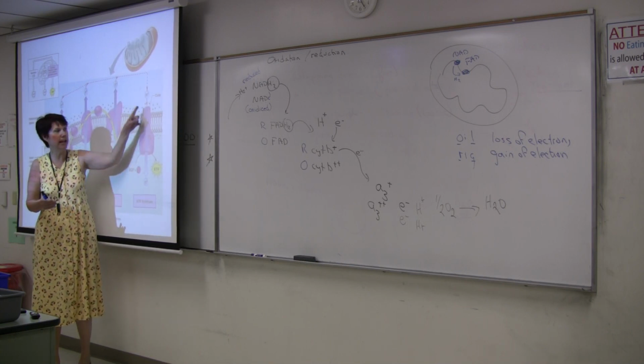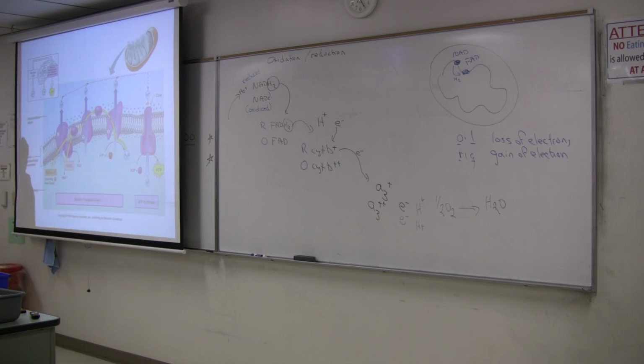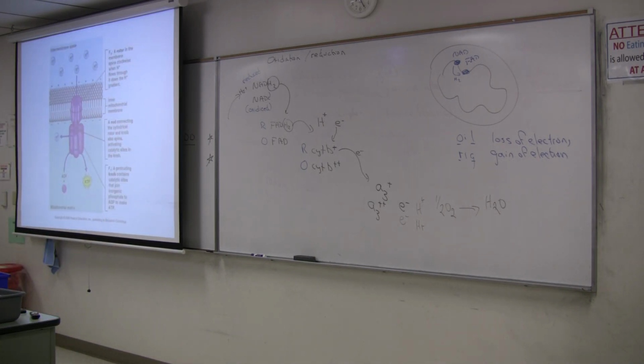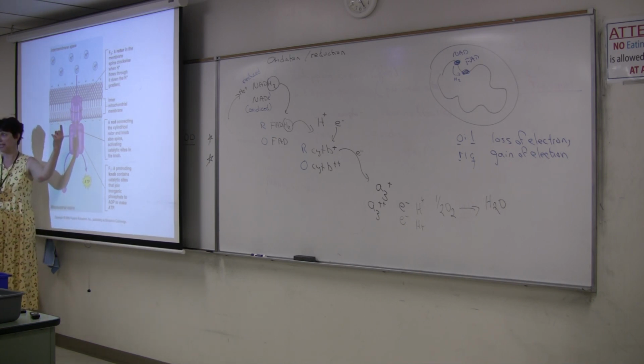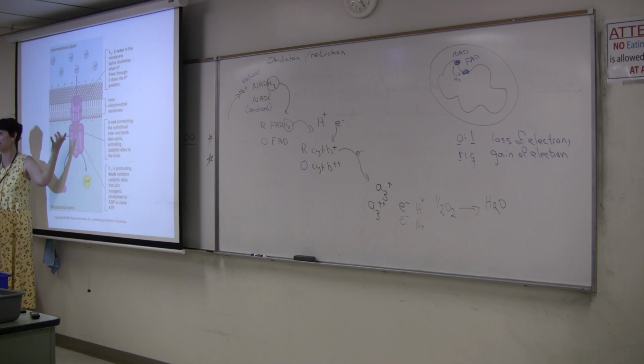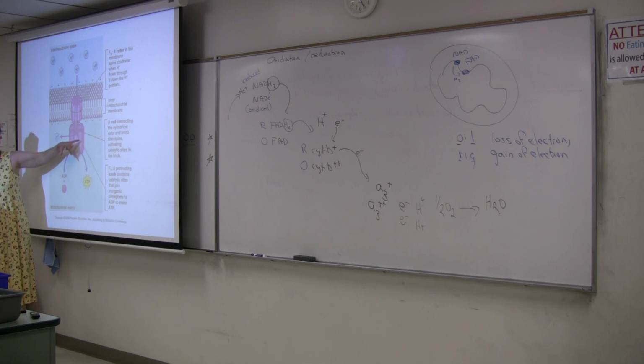Interestingly enough, when those hydrogen ions stream through, it causes a rod in here to spin. And that spinning rod is a really cool kind of bioengineering. That spinning rod activates sites along the lower portion of the protein that are enzymes, and phosphate is added to ADP.